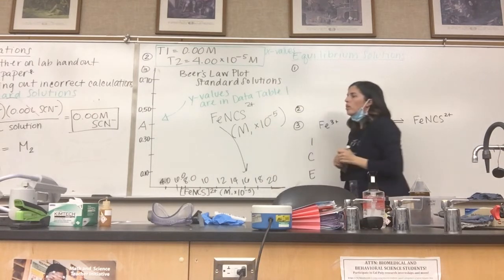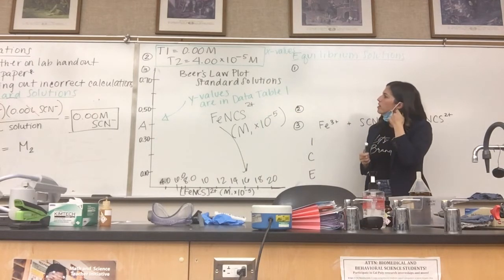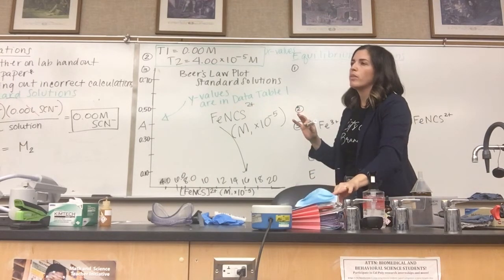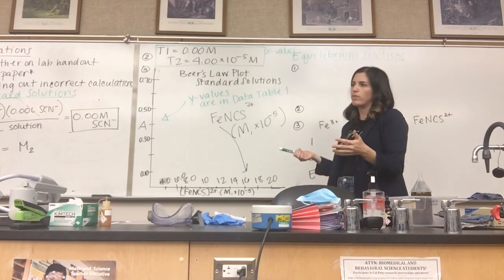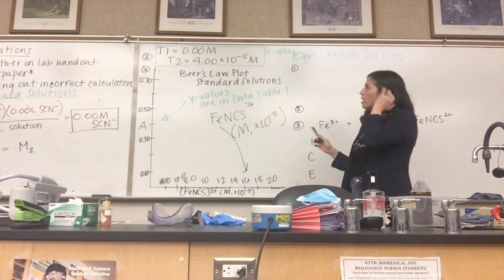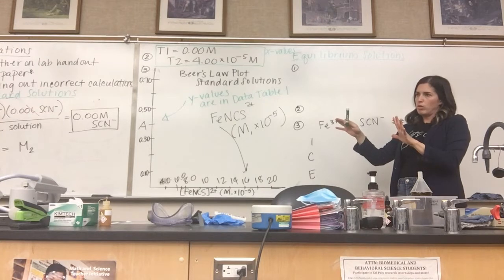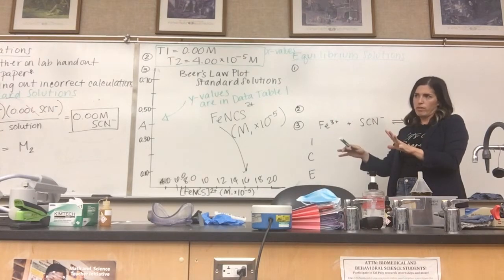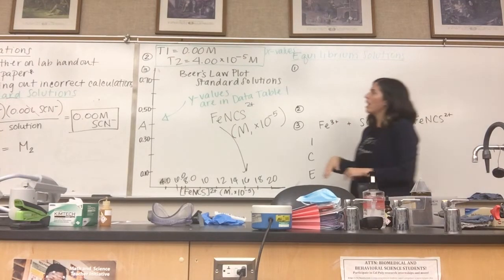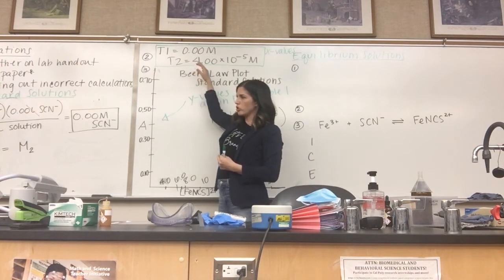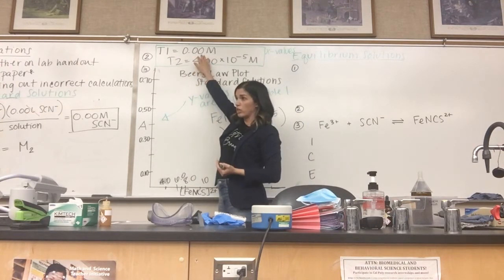1. So let me ask Hector, if you do have your data in front of you, I could ask you what the absorbance value is. Okay, so let's just start with T1. So your first solution, right? Your first solution had a concentration of what? What concentration did you get for your first solution? 0, right?